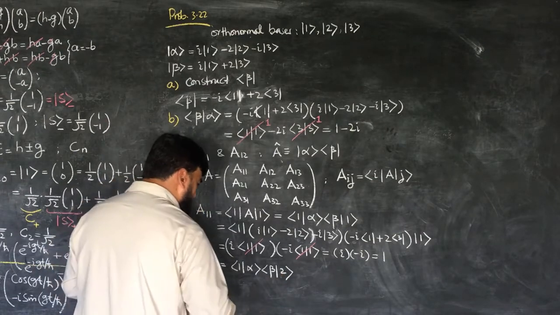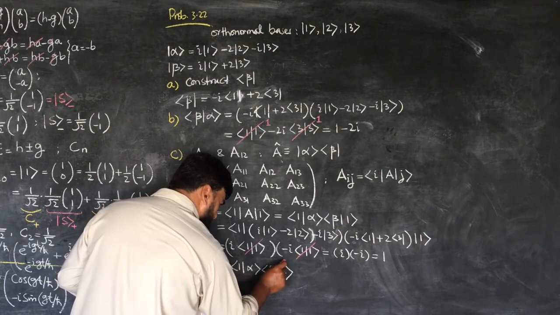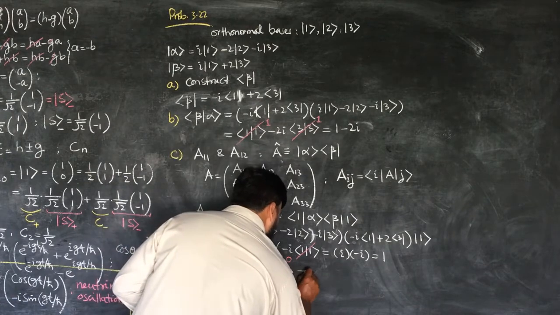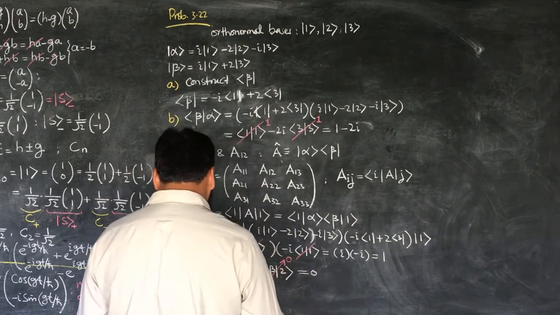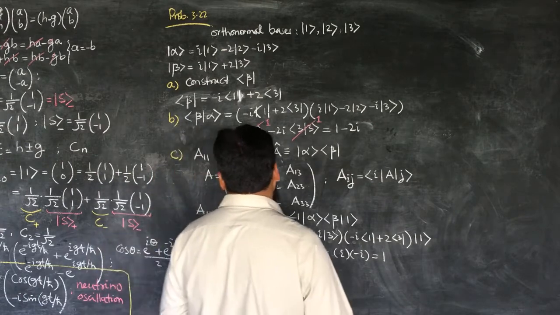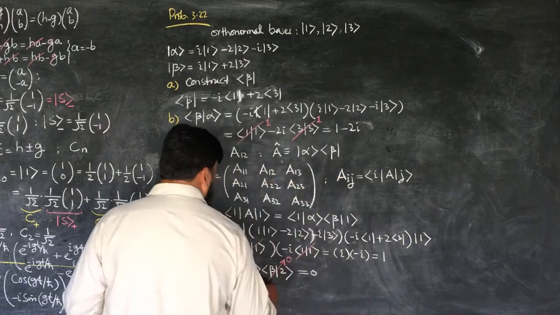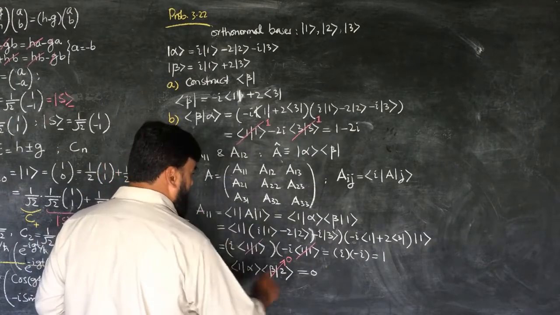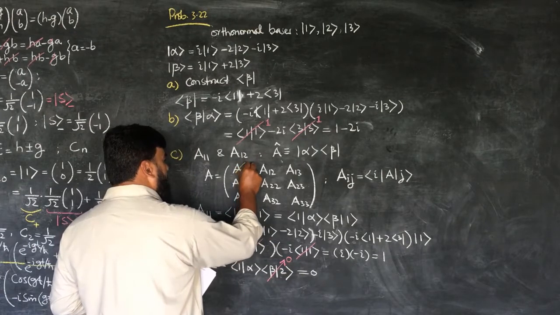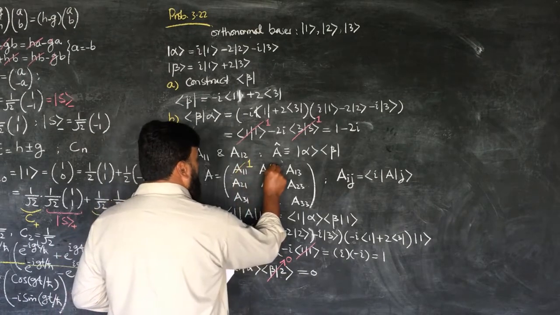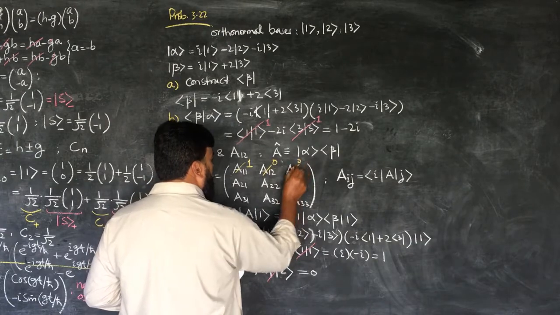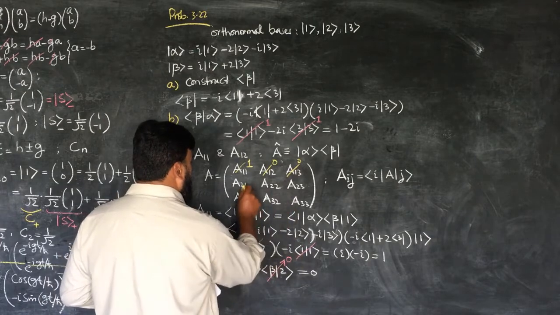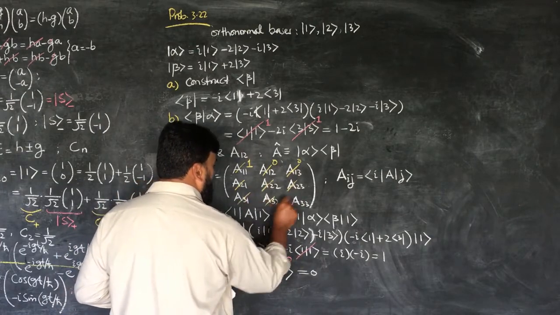So it means that this value in the matrix is going to be 0, and that's why A12 is equal to 0, and our matrix is here. For A11 we get 1, A12 is 0, and the rest are all equal to 0.